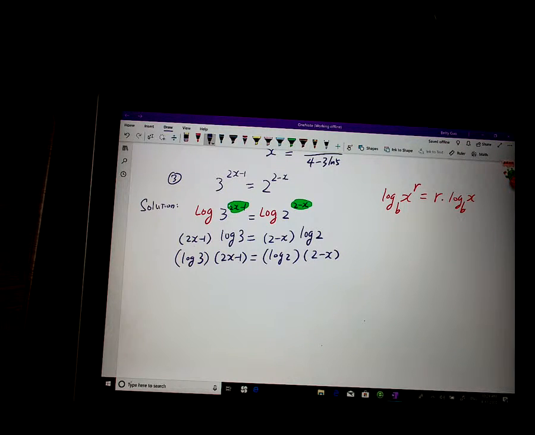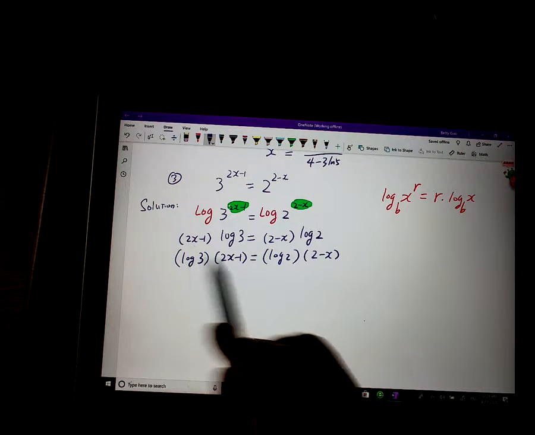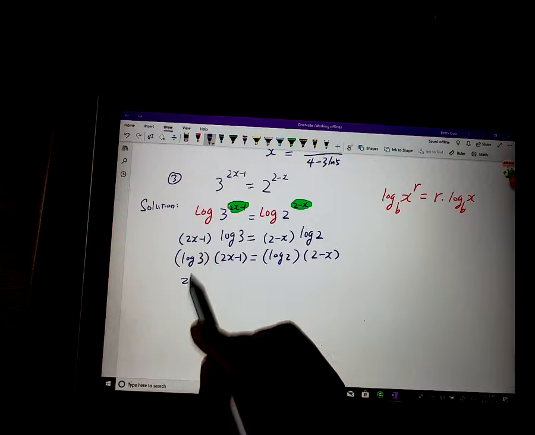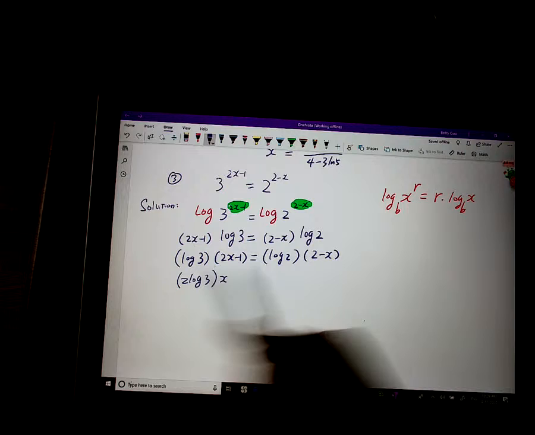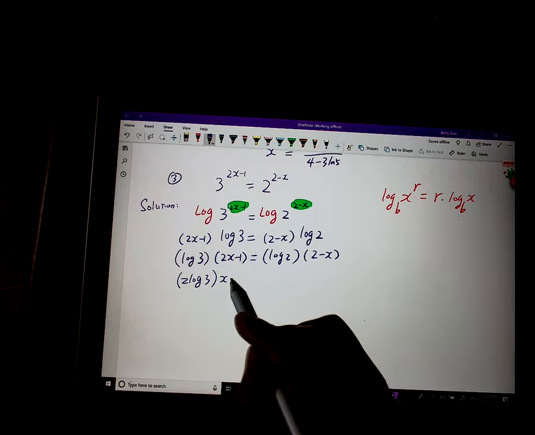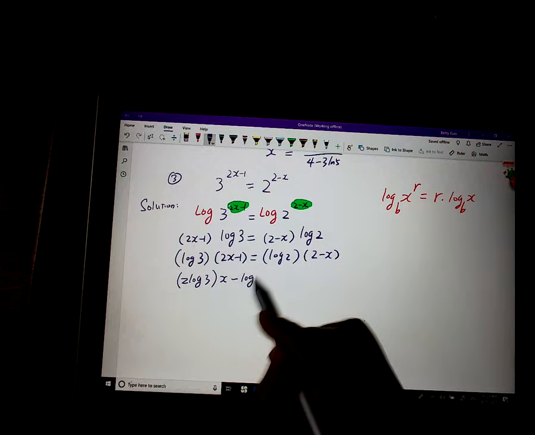Let's distribute. Because we are solving for x, we have to get rid of the parentheses and then collect and combine like terms. Log of 3 times 2x, we have 2 log 3 times x. Log of 3 times negative 1 is a negative log 3.